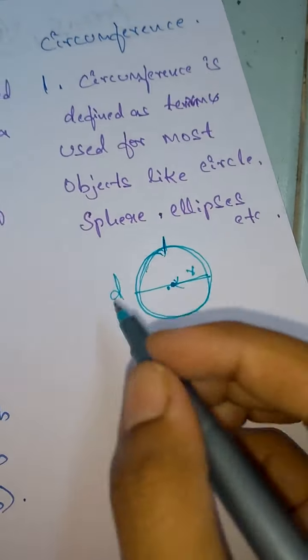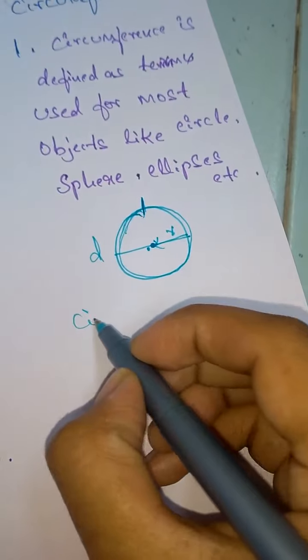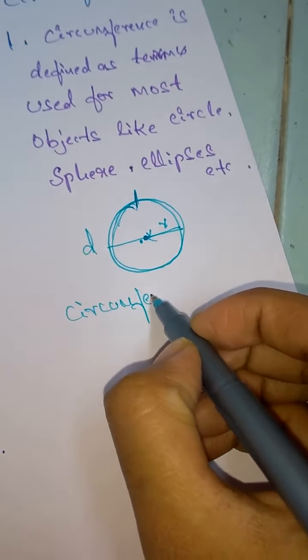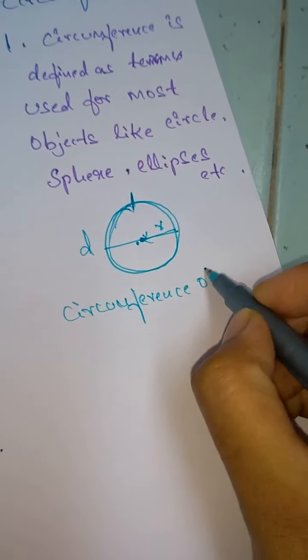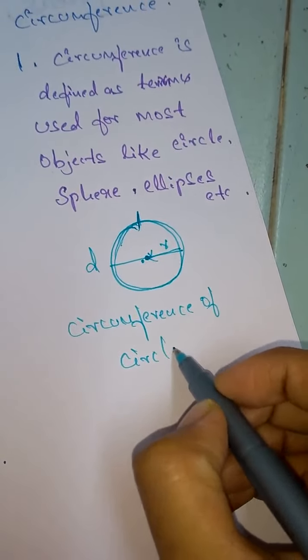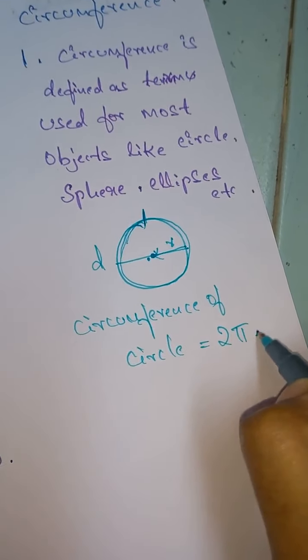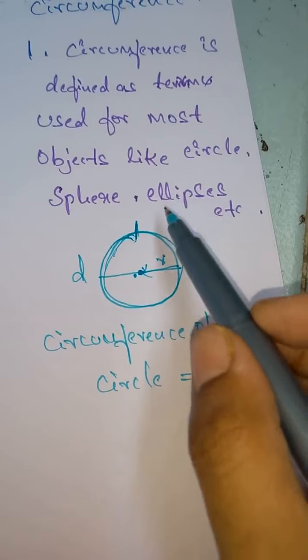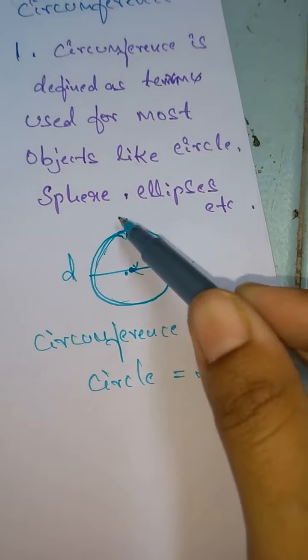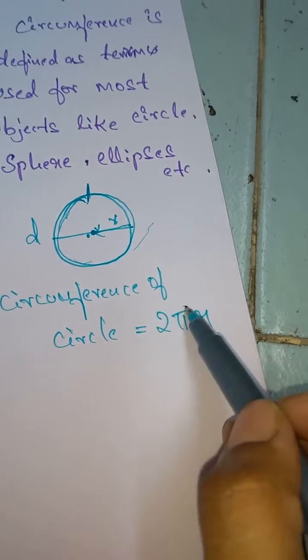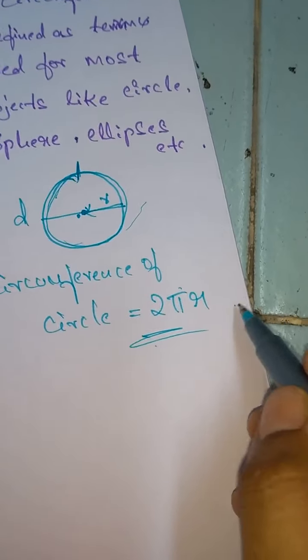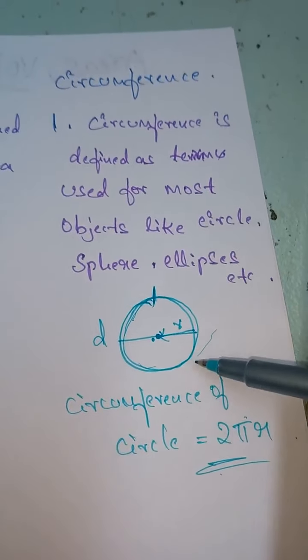That is one circle. That can also be called the circumference. The circumference of a circle becomes 2 pi r, meaning it rotates 360 degrees. This is the circumference of a circle.